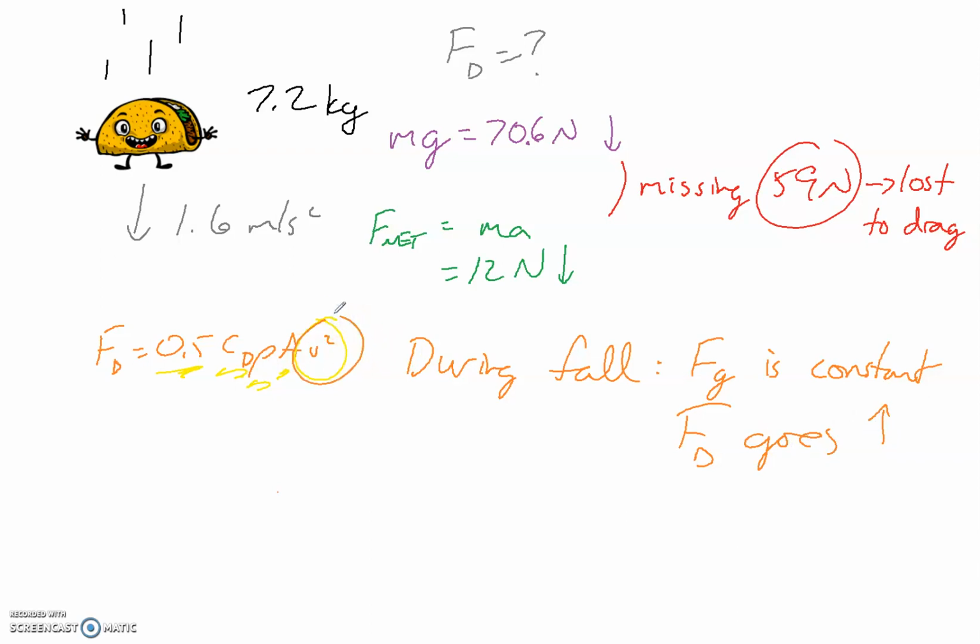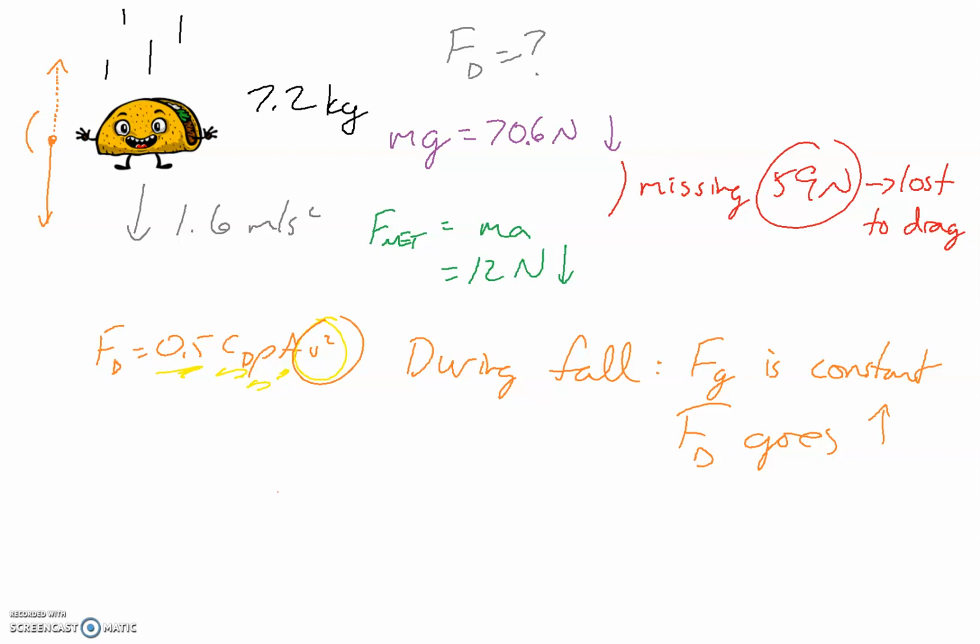So if you keep on falling and falling, the force of gravity pulling you down stays the same, but the force of drag keeps on getting bigger and bigger, and eventually those two forces will match up. And when this occurs, the net force will be equal to 0.